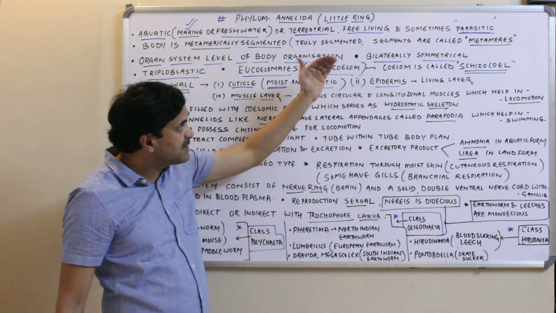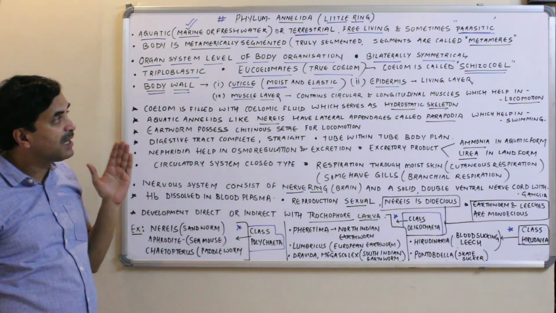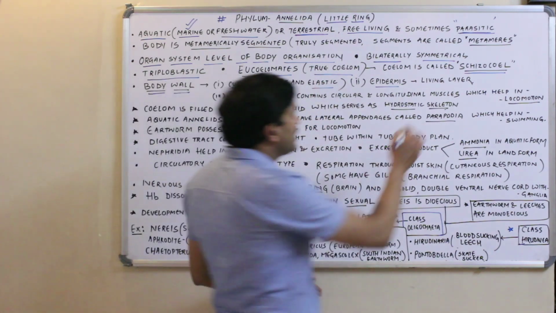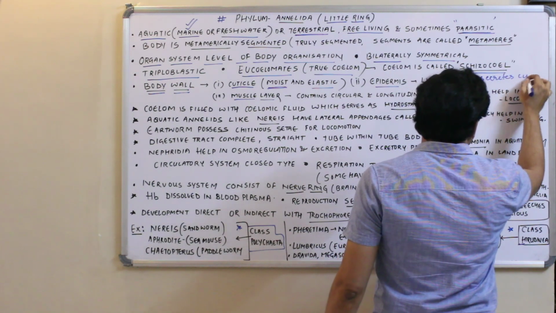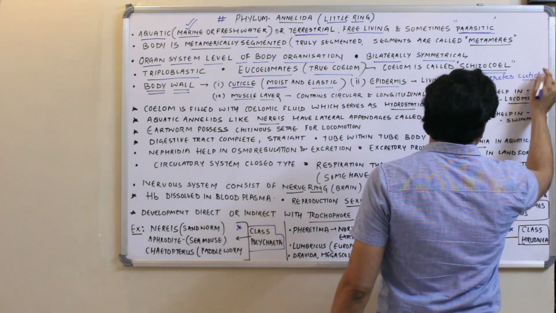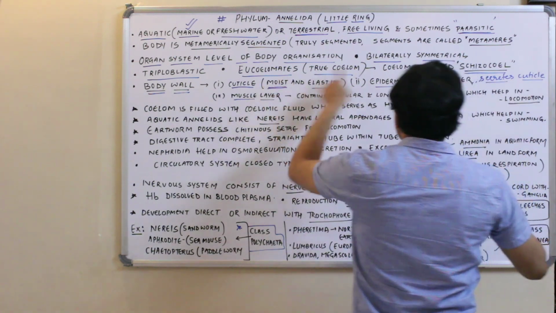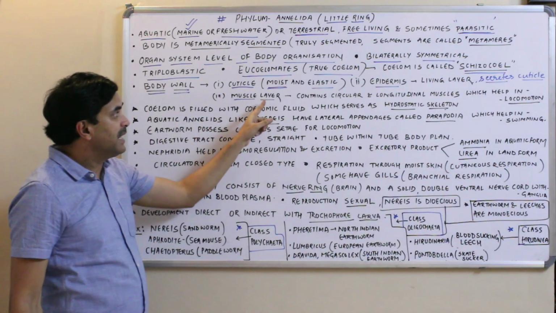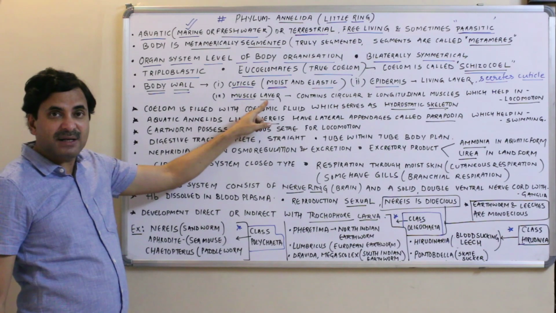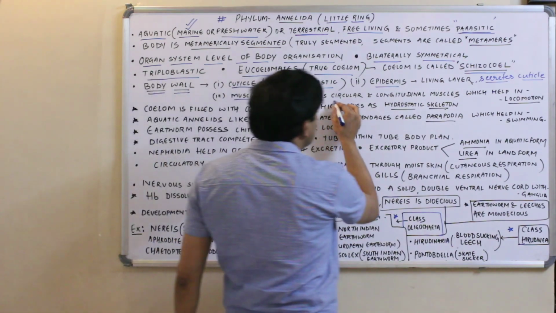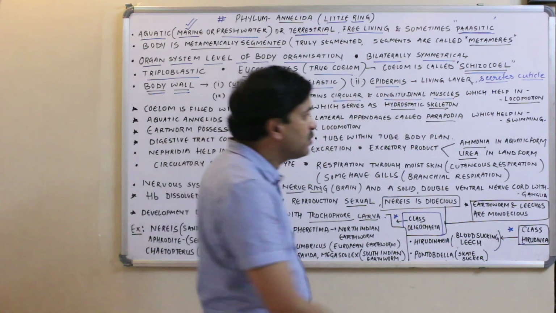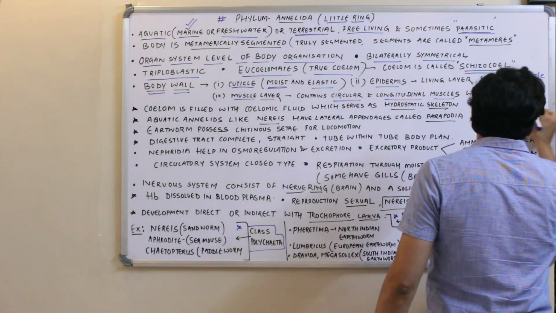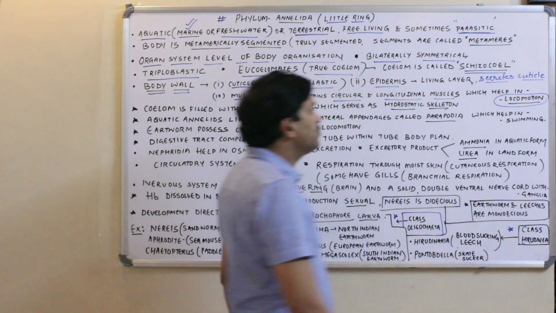The epidermis, just below the cuticle, is a living layer and secretes the cuticle, meaning the cuticle is actually formed by the epidermis only. The muscle layer consists of two types of muscles, circular muscles and longitudinal muscles. The circular and longitudinal muscles are helpful in locomotion.